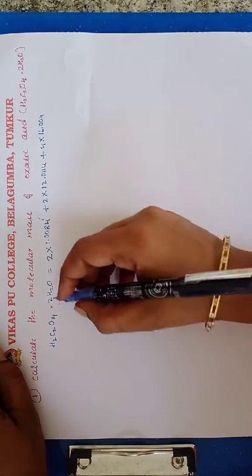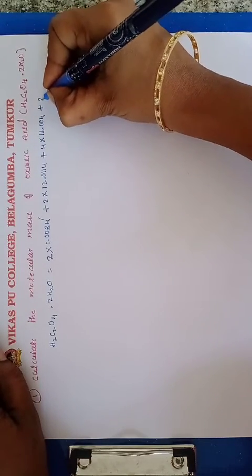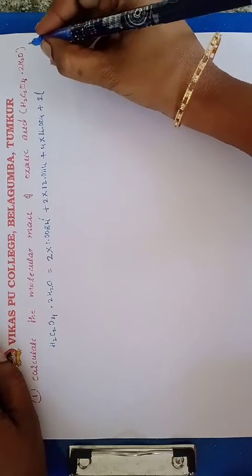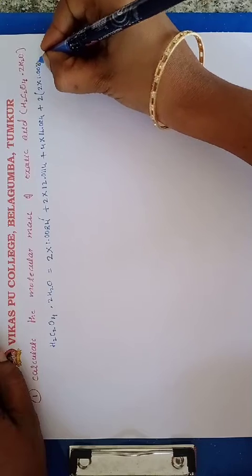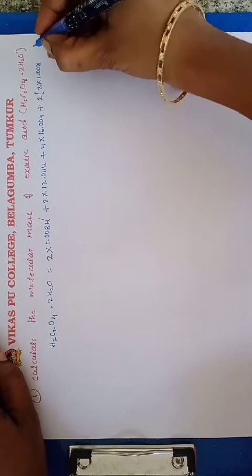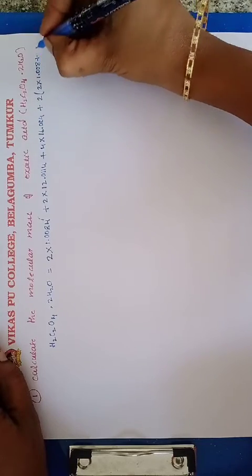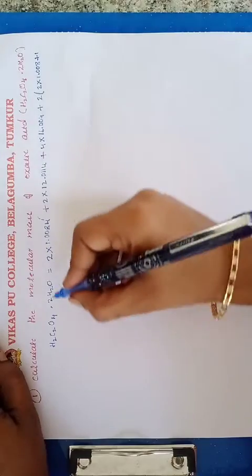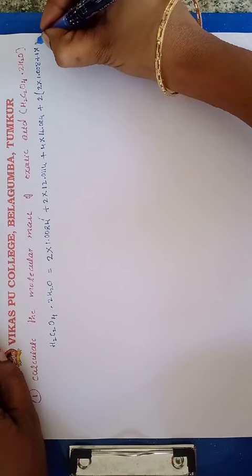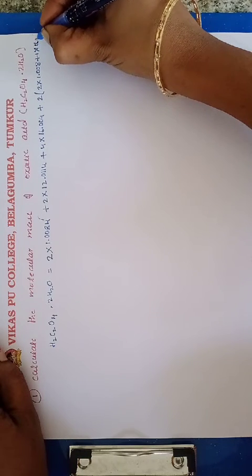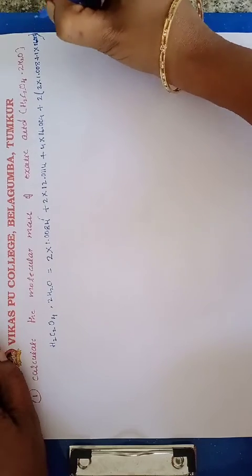Then for the water part, you should write it in brackets: the number of hydrogen atoms is 2 into 1.008, plus the number of oxygen atoms, which is 1 into 16.004.